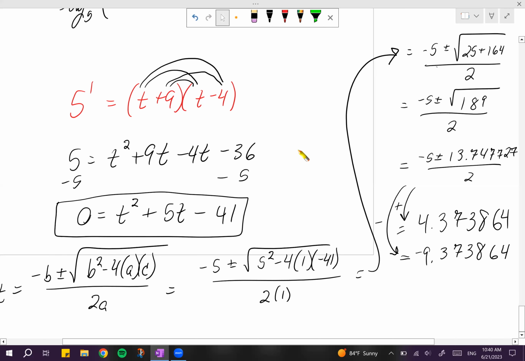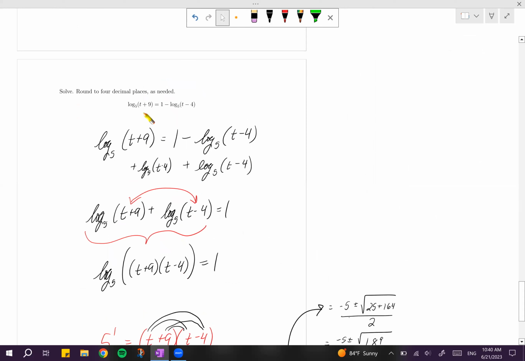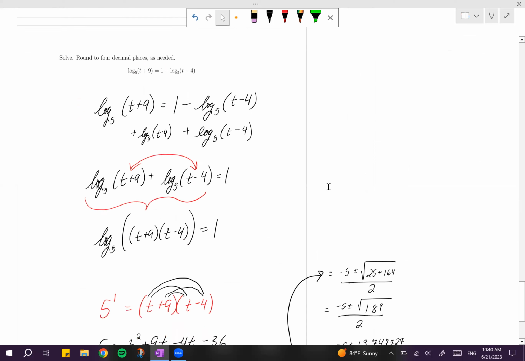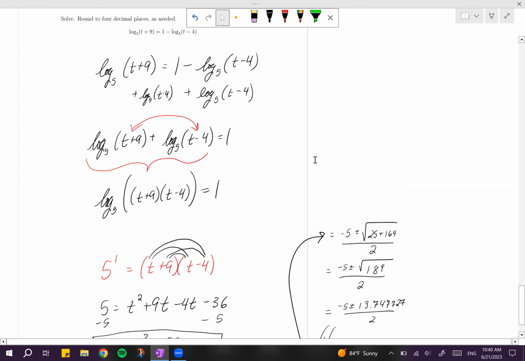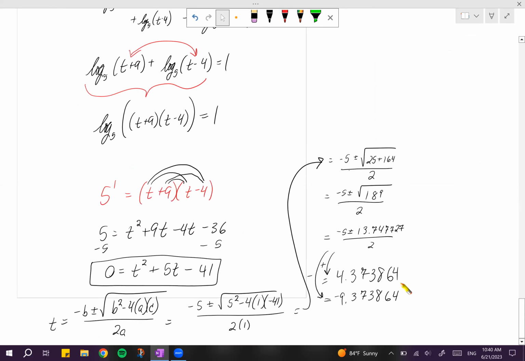All right, so we got two solutions. Let's look and see what we've got. All right. Well, it only gave us, so there should only be one solution. So we need to test and see which one of these doesn't work.